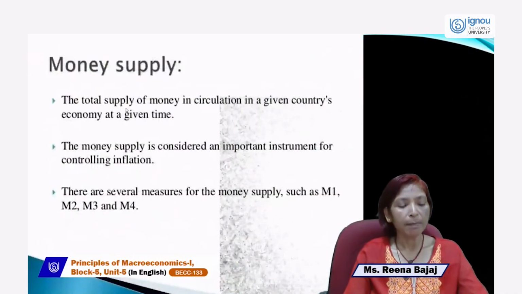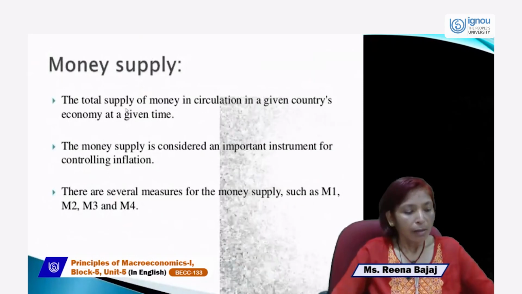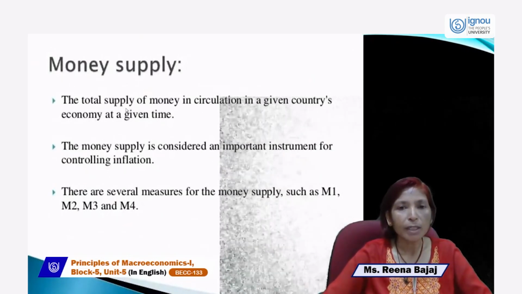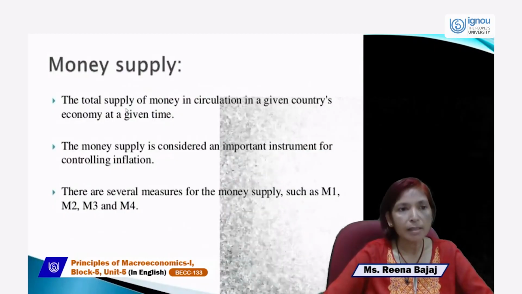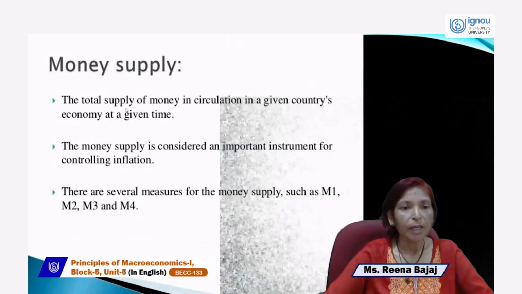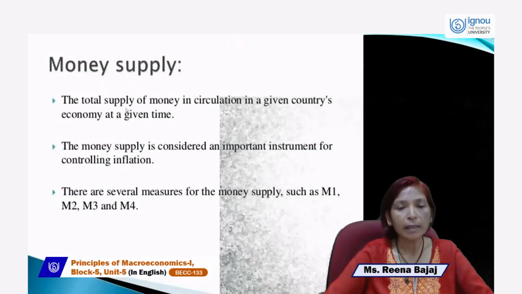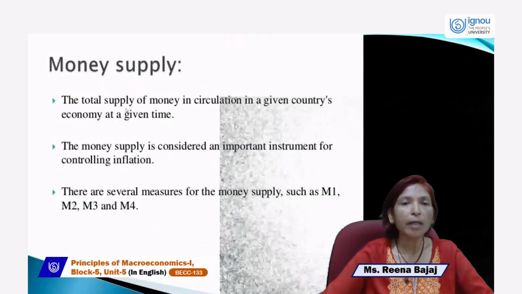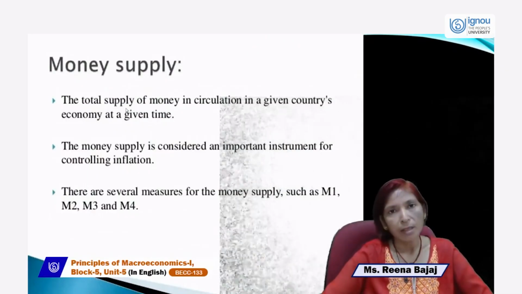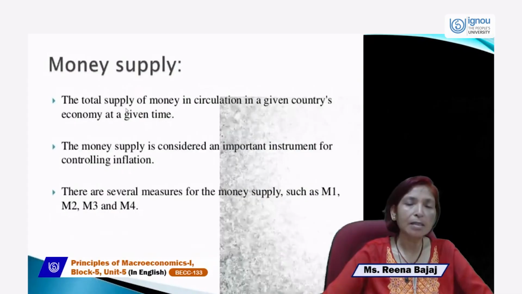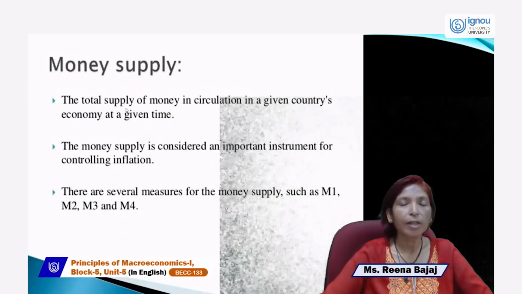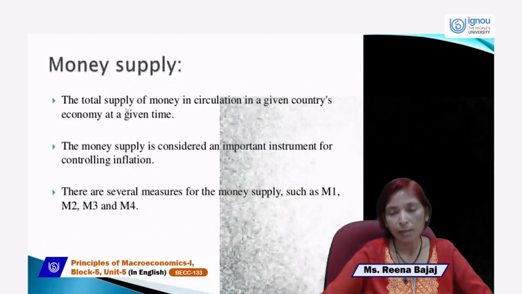Next is money supply. Money supply is the total money in circulation in a given country's economy at a given time period. The money supply is considered an important instrument for controlling inflation, because if money supply equals money demand, then no inflation or deflation situation will occur.